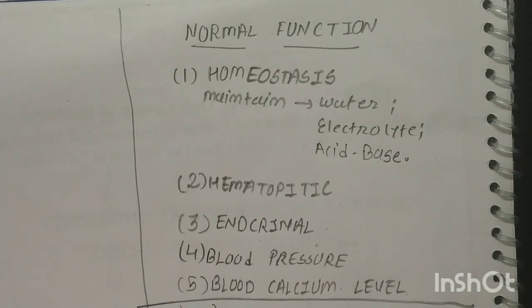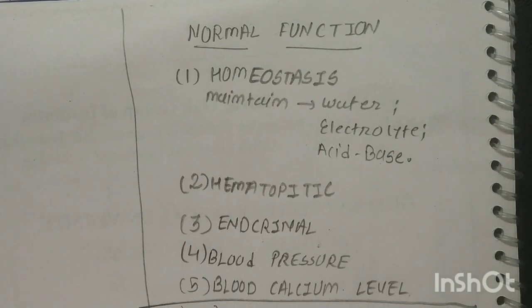Then the second one is the hematopoietic function. Hemato means the formation of blood cells, particularly RBCs, and the kidney is very important for this. The kidney secretes erythropoietin and thrombopoietin.